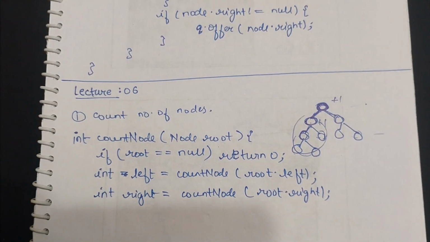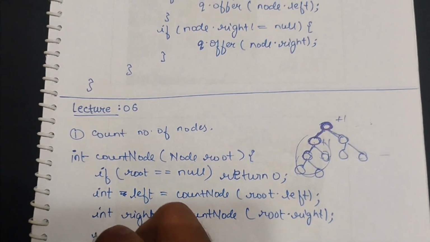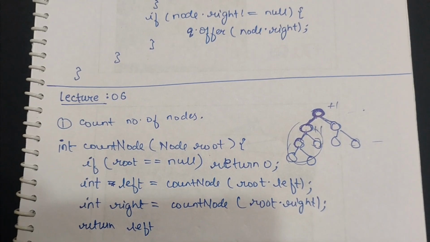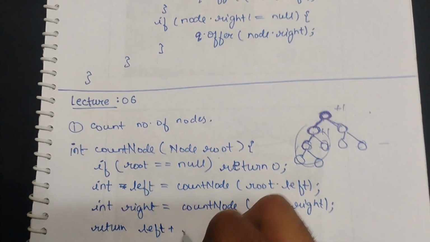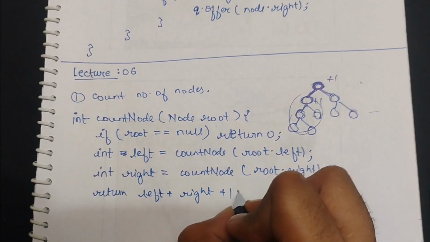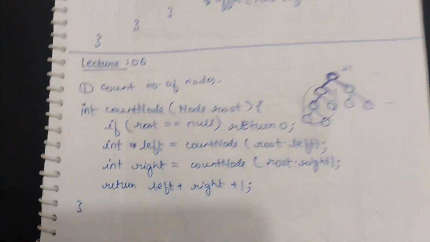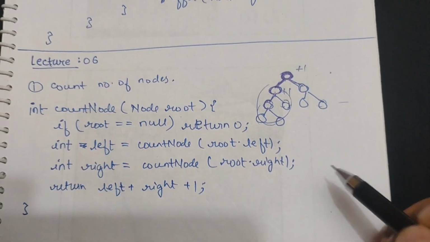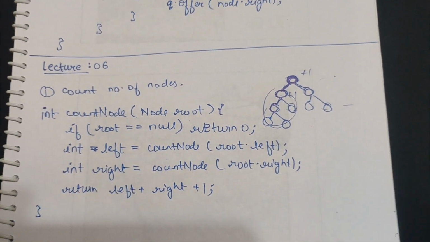So what would I return? I'll return the number of nodes to its left, plus the number of nodes to its right, and +1 for itself. That's how this is a very easy recursion code for counting the number of nodes in a tree.